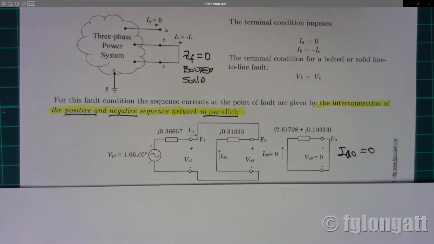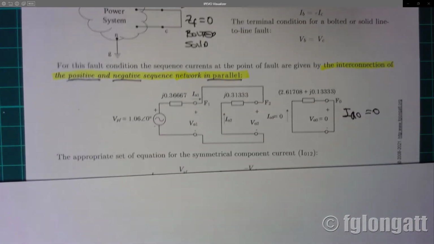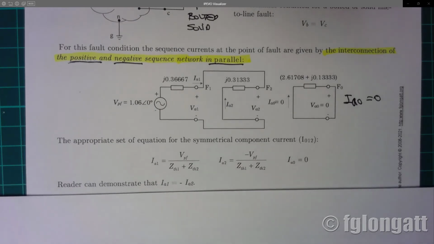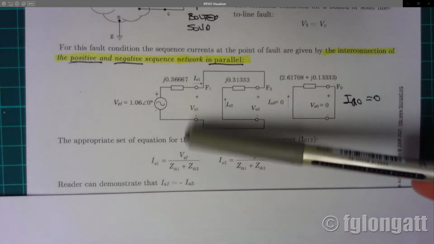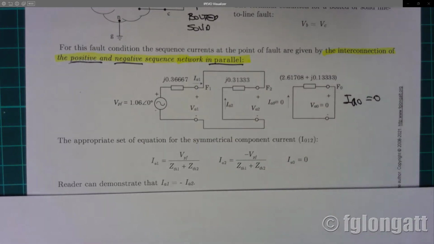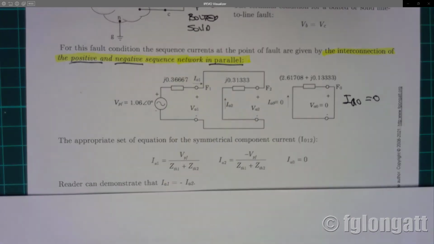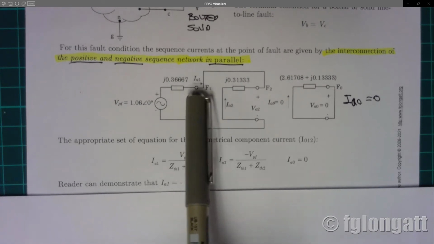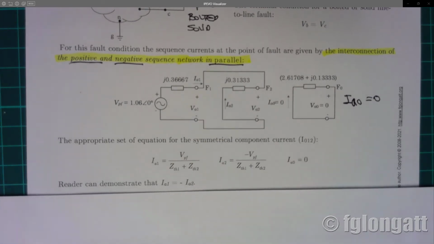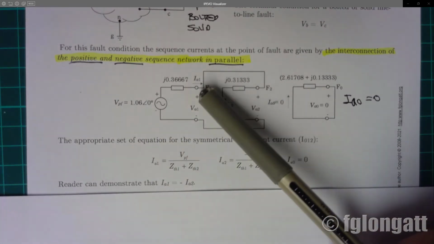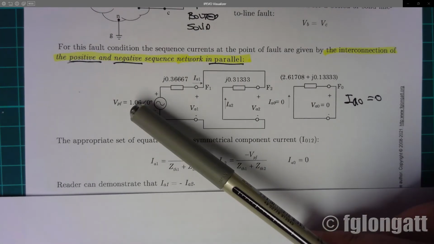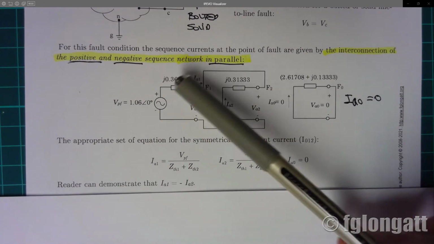Well, now what we need to do is basically use circuit analysis. As you can see, those networks are in parallel, but we can calculate the positive sequence current very easily. The positive sequence current here is basically the voltage divided by the total impedance.